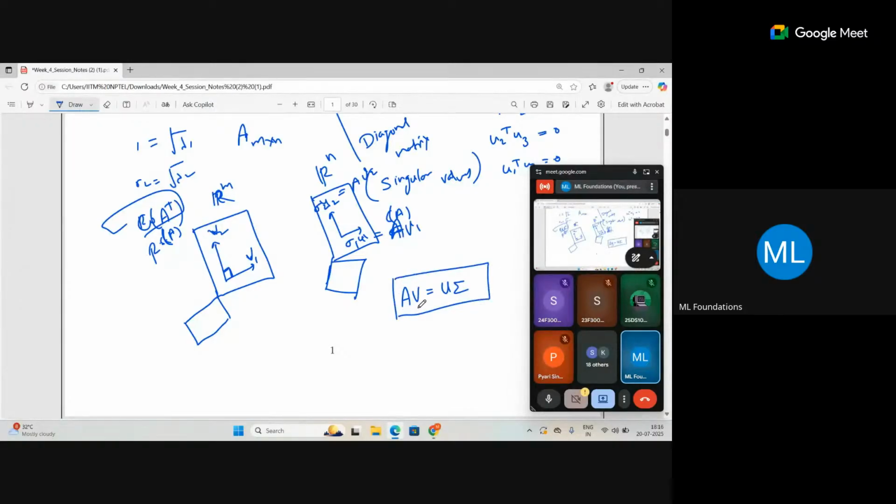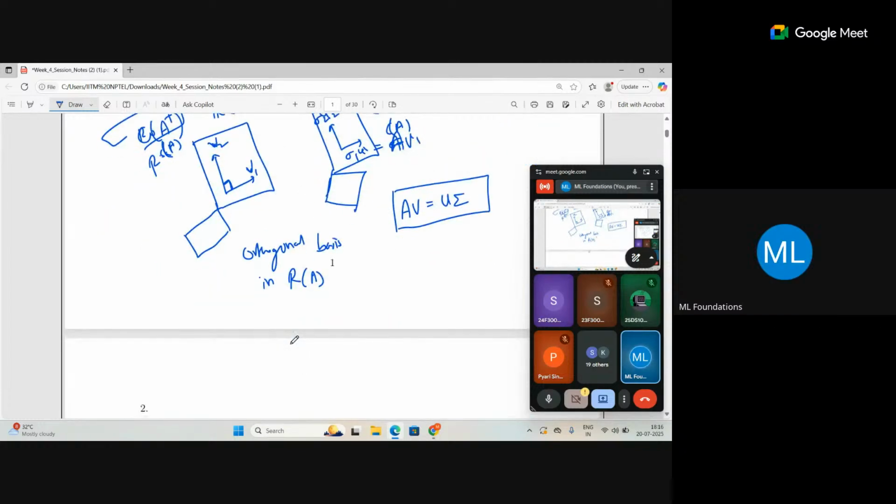But for this to happen, we need the orthogonal basis in the row space of A. Yes, sir. But let's say you have a basis in the row space that is not an orthogonal basis. You're understanding my point?